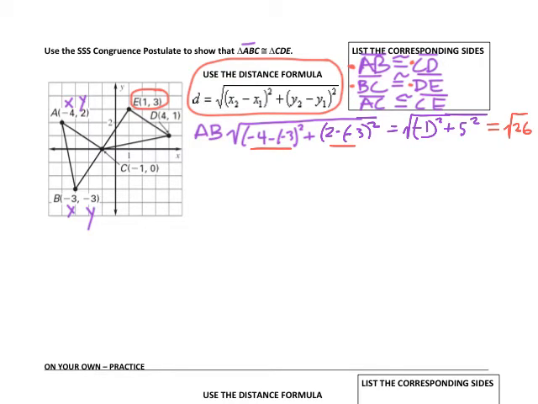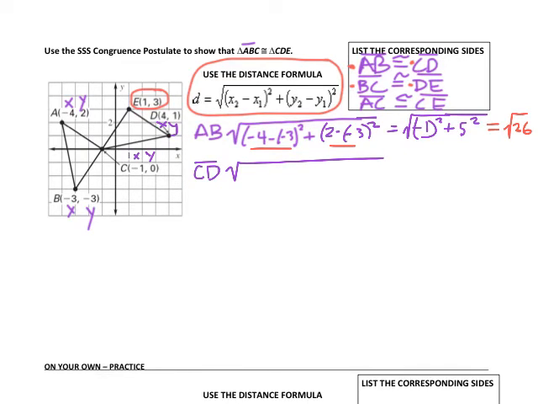We're going to move on and find the length of CD, because I want to make sure that if it's the square root of 26, then that would give me one side that is the same in each triangle. So our x value for C and our y value for C, and then we're also going to be looking at these two values here.